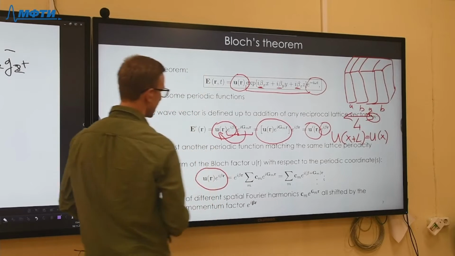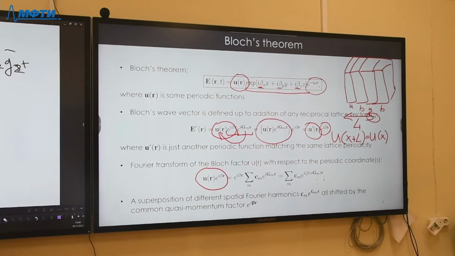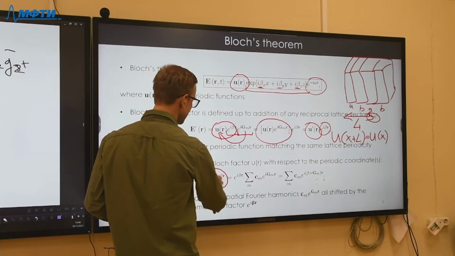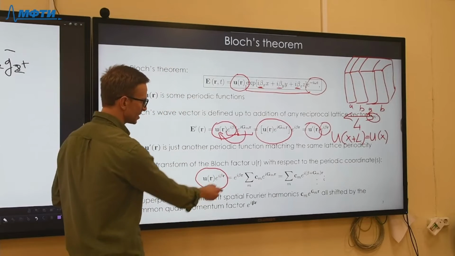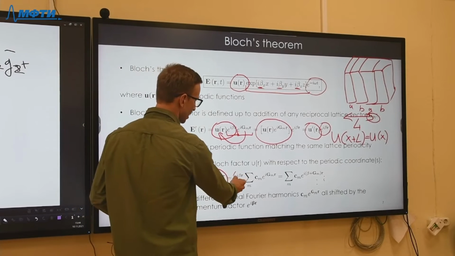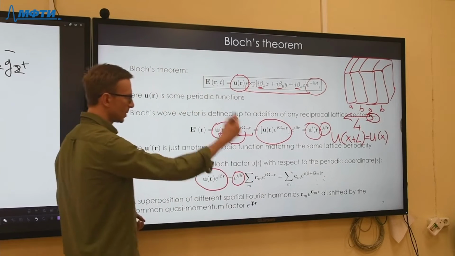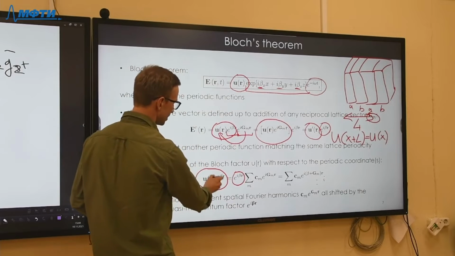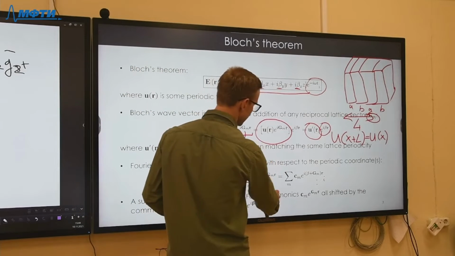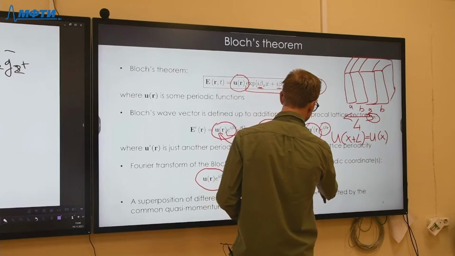We can expand it into a Fourier series, right? So we can't expand the entire expression into a Fourier series because this isn't periodic. It is only U that is periodic. So let's keep this Bloch factor outside, and let's expand U in the Fourier series. And if we do this, we go through this, and finally we obtain this.